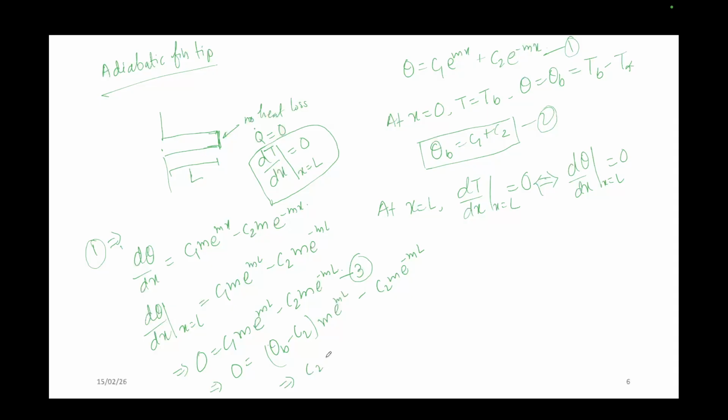Any confusion up to this? So C2 you will get theta_b e to the power mL by.